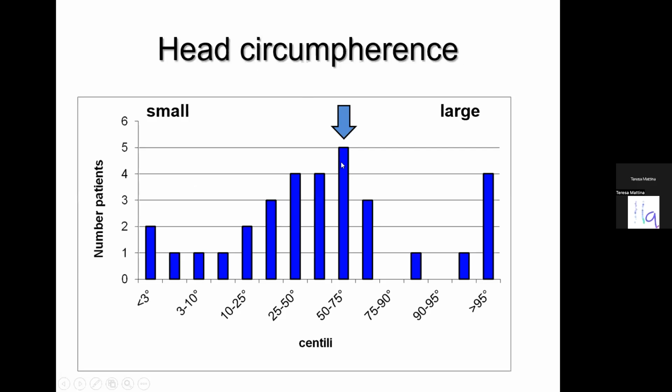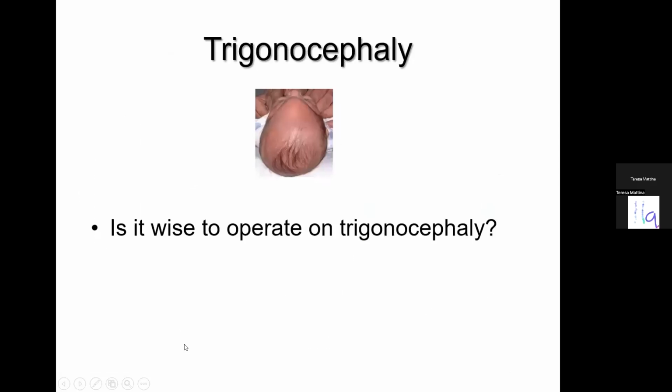Head circumference is usually normal, but because children are short, the head looks relatively large. Sometimes it's really very large. Sometimes it's small. So MRI should be done, with follow-up.